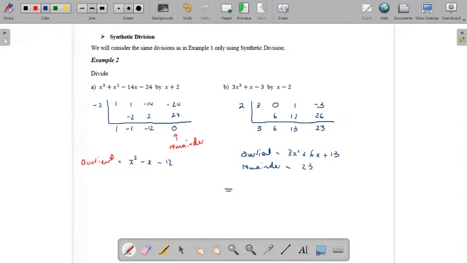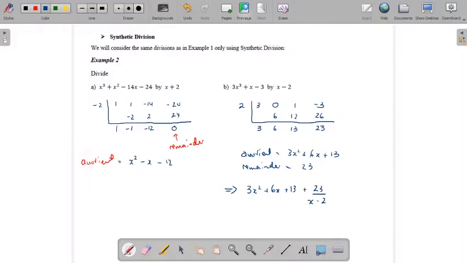So our answer we could write as 3x squared plus 6x plus 13 plus 23 over x minus 2.